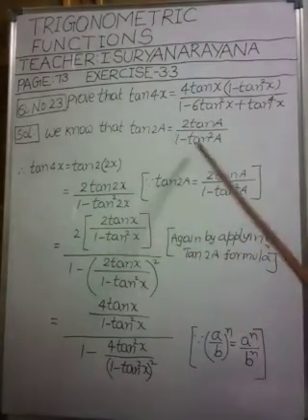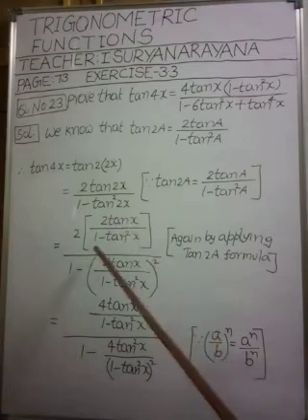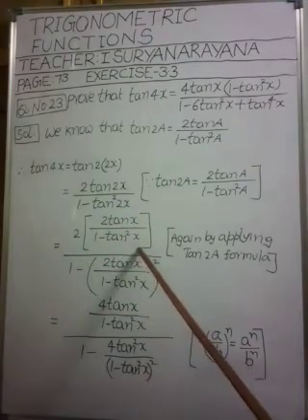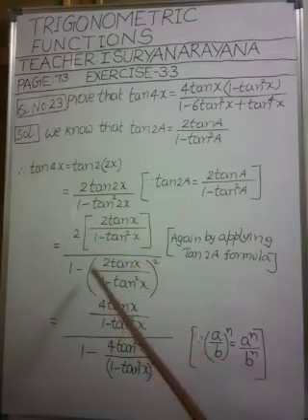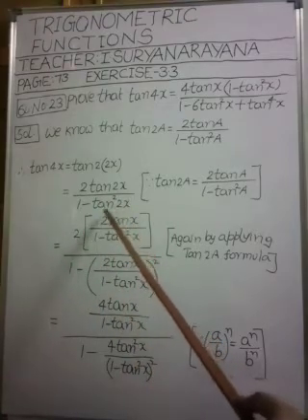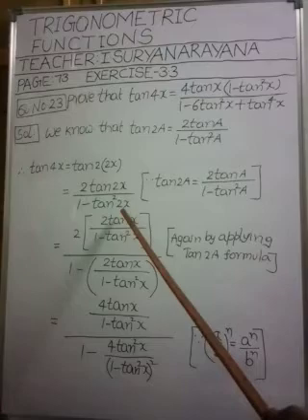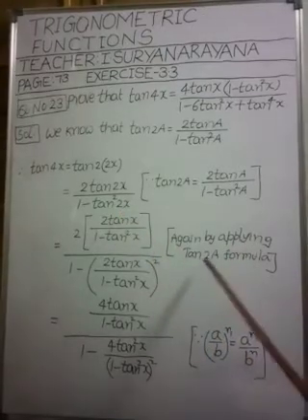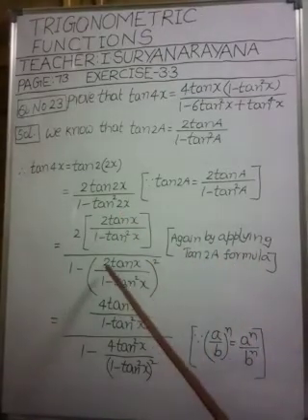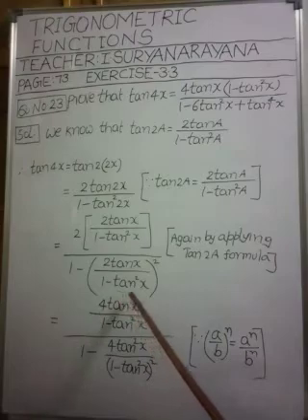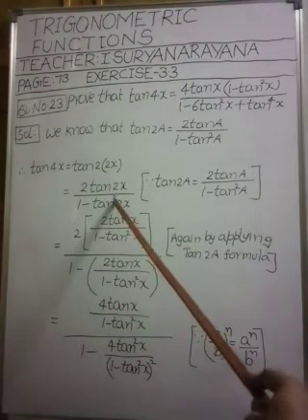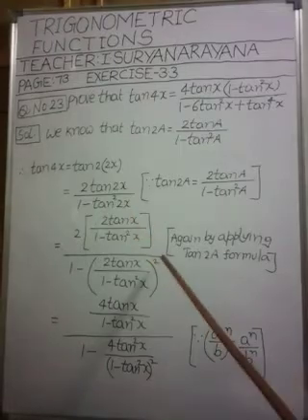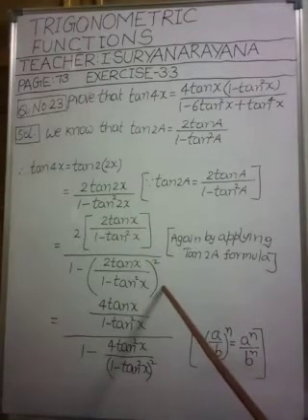So we are using this formula again. 2 tan x by 1 minus tan square x. Understood the numerator, my children? Right. Whole divided by 1 minus, again here tan 2x is there. We use the same formula again by applying the tan 2a formula. Okay, my children? So 2 tan x by 1 minus tan square x whole square, because square is there. Don't forget this, my dear children. Whole square. Understood the denominator, my dear children?